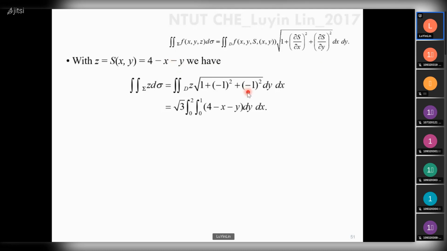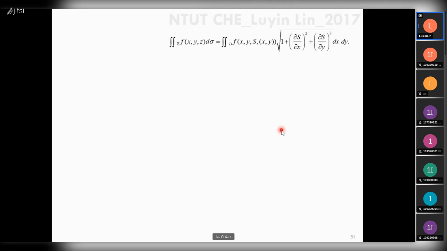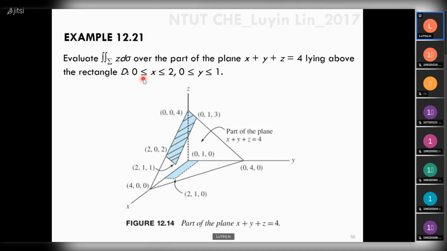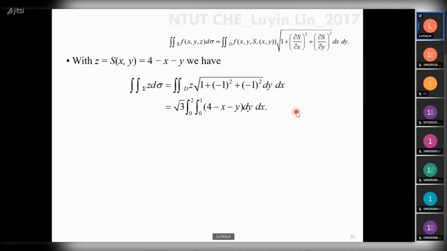So you can just calculate it as square root of 3. And z is replaced using x, y here. Then the range is y from 0 to 1, x from 0 to 2, as shown in the problem. So it is very simple.